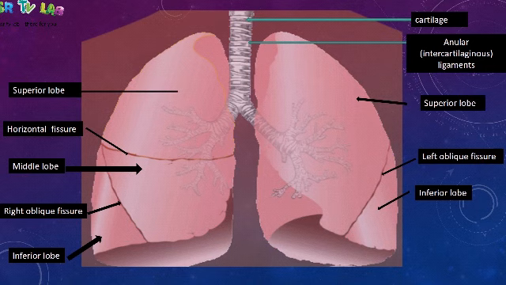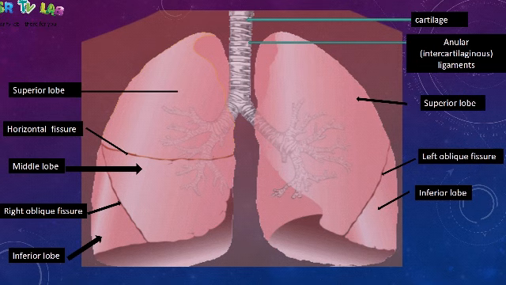And these fissures separate different lobes. Like on the left lung, this fissure just separates the superior and inferior lobe because there are only two lobes on the left lung, while the right oblique fissure separates the middle lobe and the inferior lobe, as the right lung has three lobes.